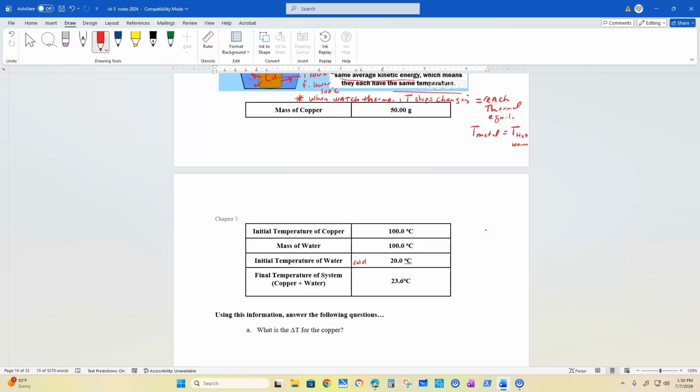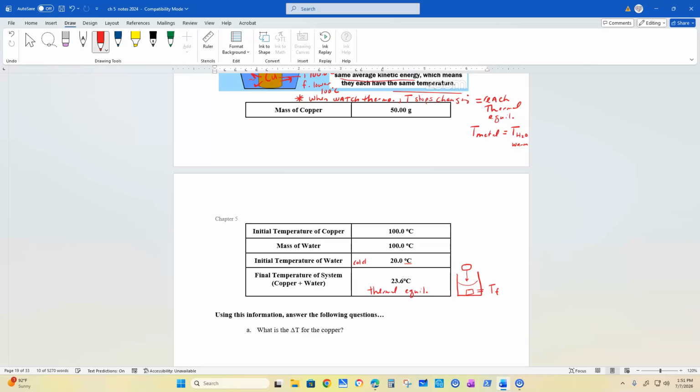And then once you put the copper into the cold water, you got a final temperature of 23.6. So remember, this is when you took that piece of metal and you dropped it in that cold water. That is your final temperature. Remember, we call this thermal equilibrium.